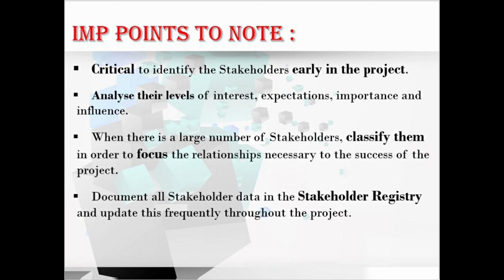And when there is a large number of stakeholders, we need to classify them in order to focus the relationships necessary for the success of the project. And last, we need to document all the stakeholder data in the stakeholder register and update this frequently throughout the project. So these 4 points are to be noted when we are considering the identification of the stakeholders.